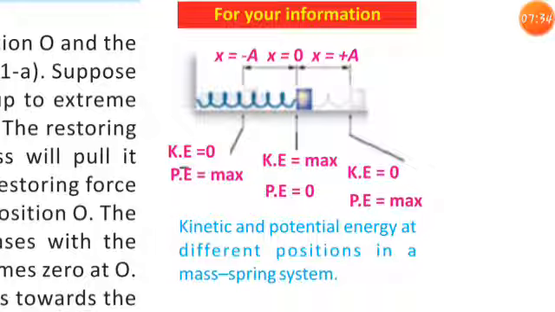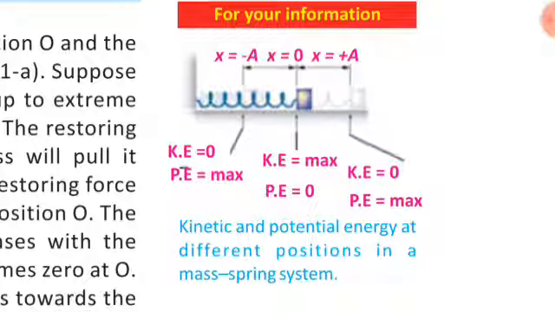Dear students, move to page number 3. In this page there is a diagram for your information. Students, in this diagram you can see there is a mean position and extreme position. Remember this: in a spring system, at mean position the kinetic energy will be maximum because of inertia, and the potential energy will be 0.